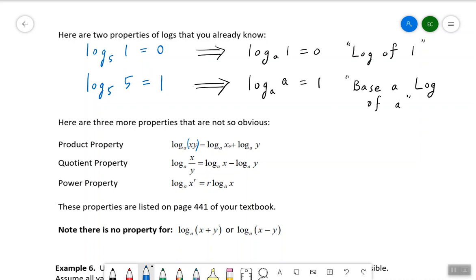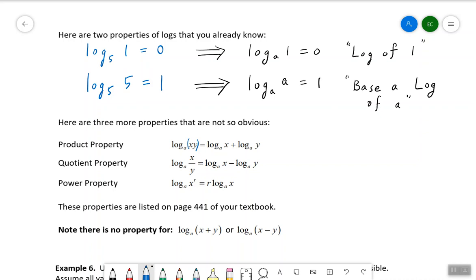The multiplication becomes addition. The log of the product is equal to the sum of the logs of the 2 numbers. And similarly for the quotient, the log of a quotient is equal to the difference of the logs of the 2 numbers.